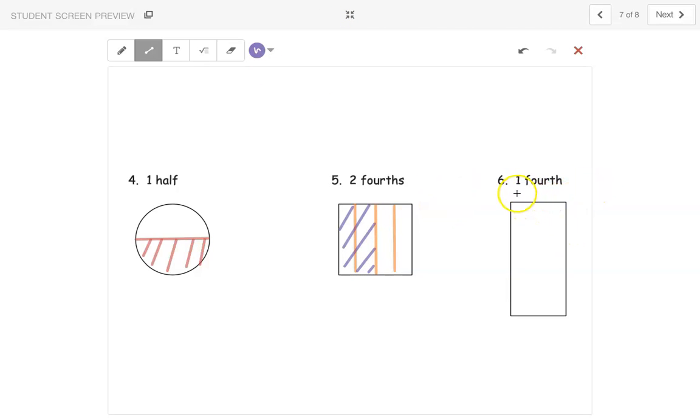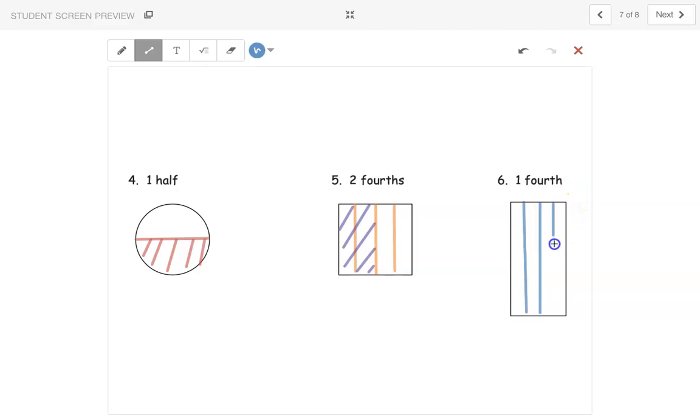Then the last one says 1/4. It's a longer rectangle. So we're still going to do fourths. We could do it vertically this way. We could do it horizontally. I'll let you do whatever you're comfortable with. I'm going to do it vertically.